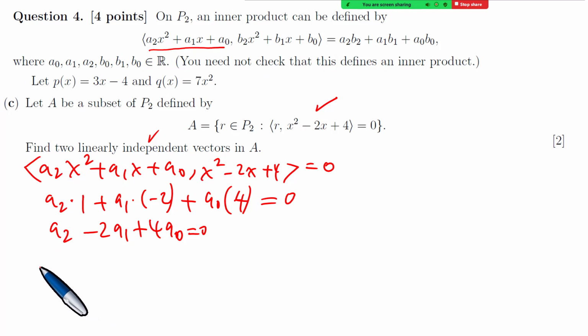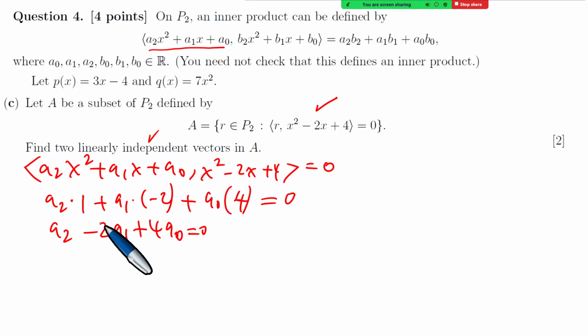So at this point, what would this mean over here? This is an equation, and it is a very nice equation. How many unknowns are in this equation? That's the first thing, because we want to find 2 linearly independent vectors.